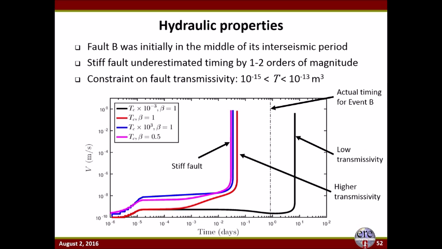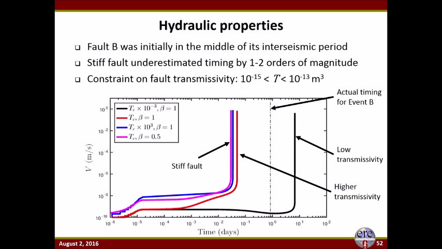So in the simulations that we ran, we actually observed that the hydromechanical effects could affect the time to instability of the main shock quite significantly. So just remember that the main event, event B, occurred about 20 hours after the initial foreshock, and for faults with very low transmissivity, that tended to delay that transient flow behavior, and the time to instability tended to be overestimated.